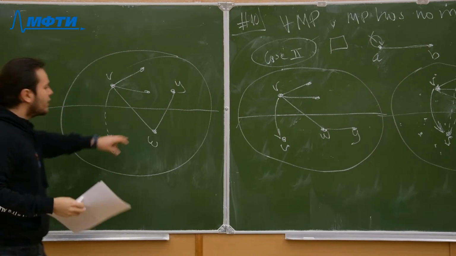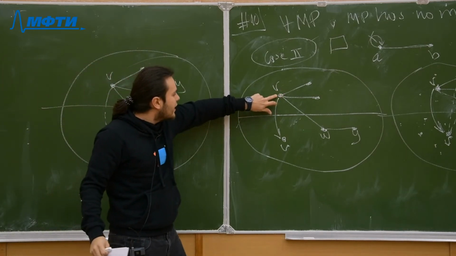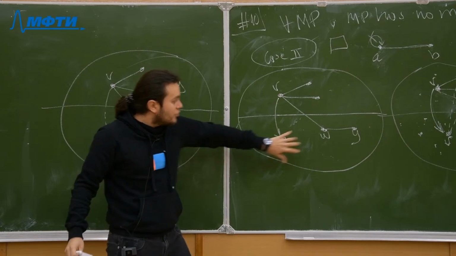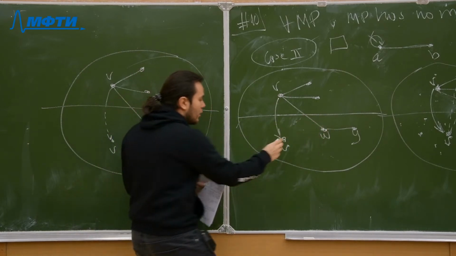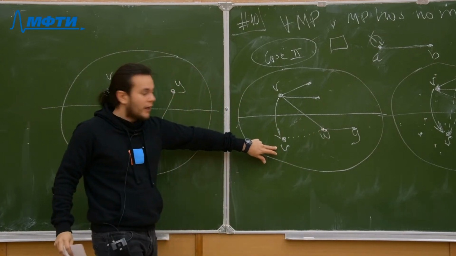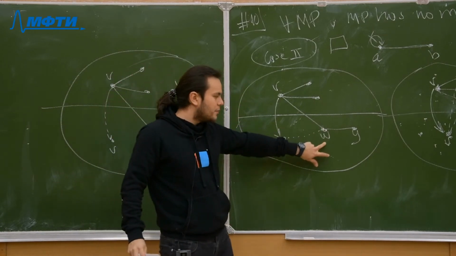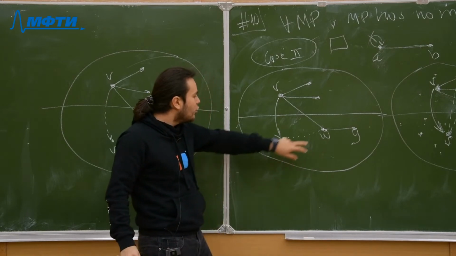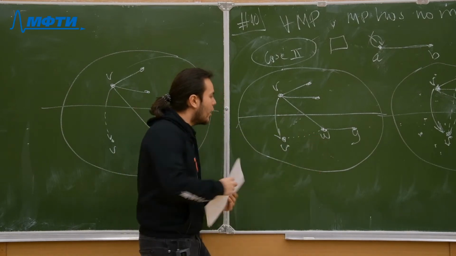So in one case, we take this V into the set A, and then we see that V now is good, right? But W now is bad because W had only one enemy, but now it has two enemies.